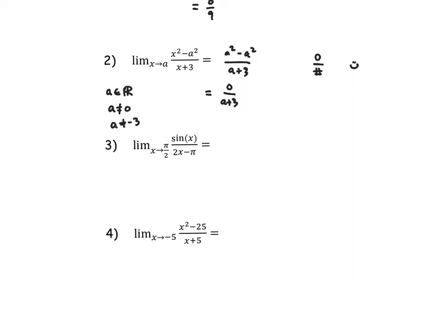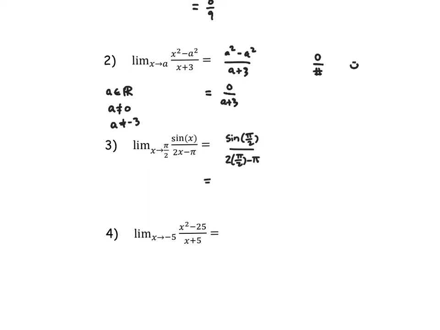Let's look at number 3. The limit as x approaches pi over 2 of sine of x over (2x minus pi). So sine of pi over 2, which is 1, over 2 times pi over 2 minus pi.